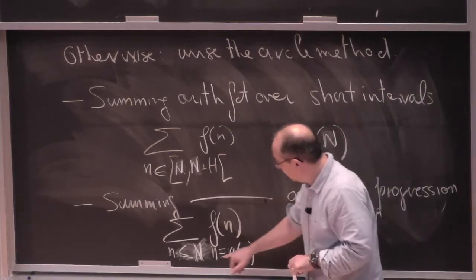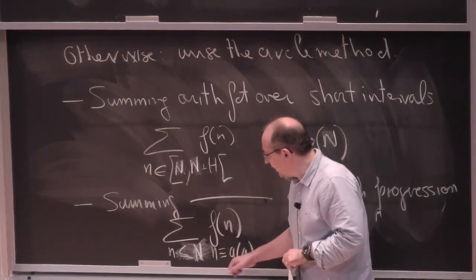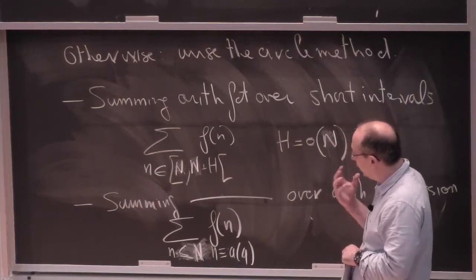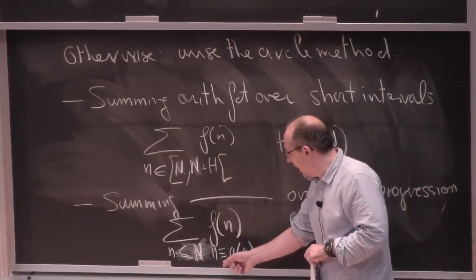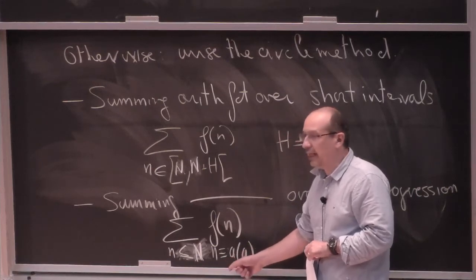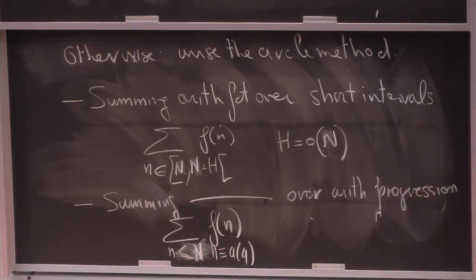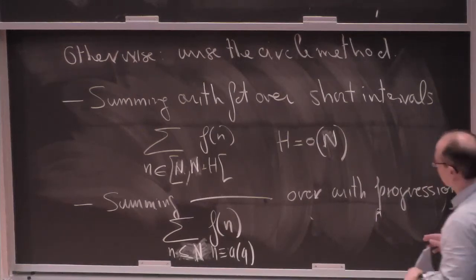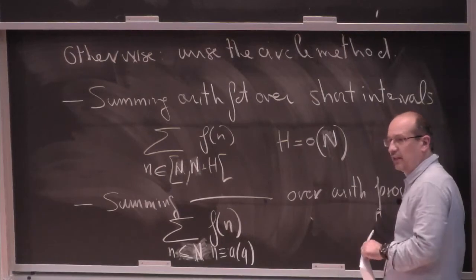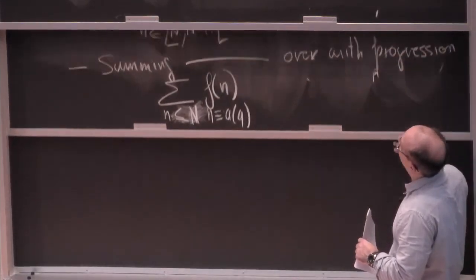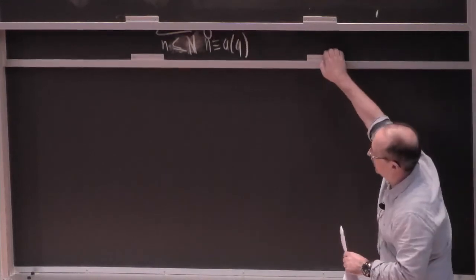But here, this condition, you could interpret it as restricting your set to a neighborhood of this integer a in the Q-adic topology. So, okay, maybe the techniques can be different in the end, but they are very closely related and in fact part of the same sort of question.